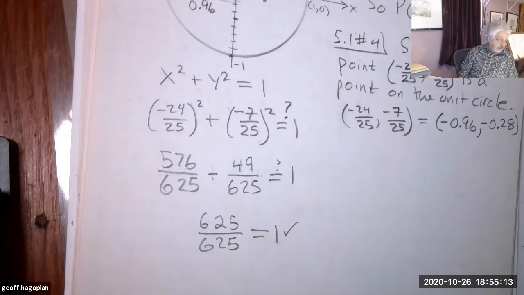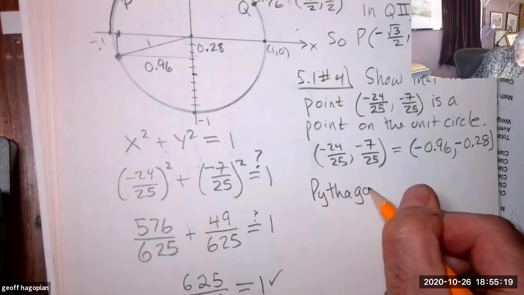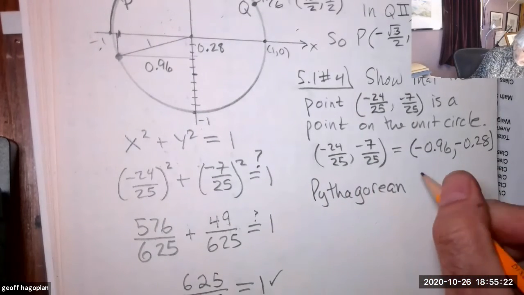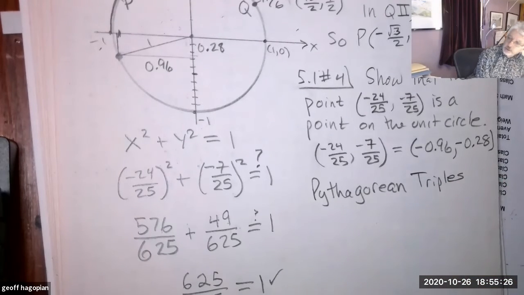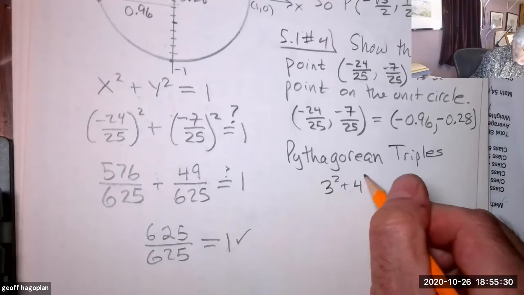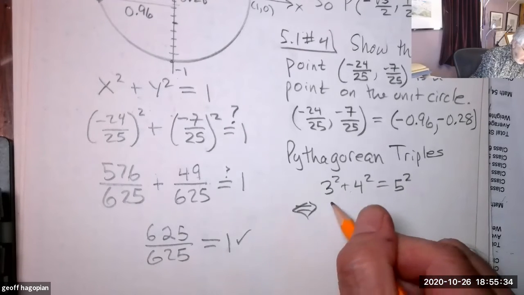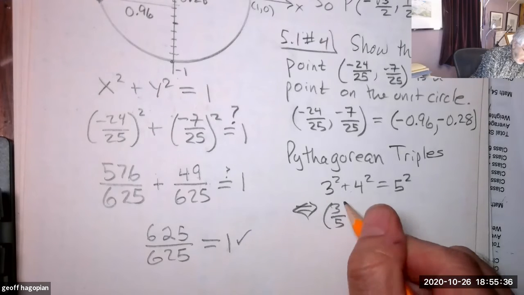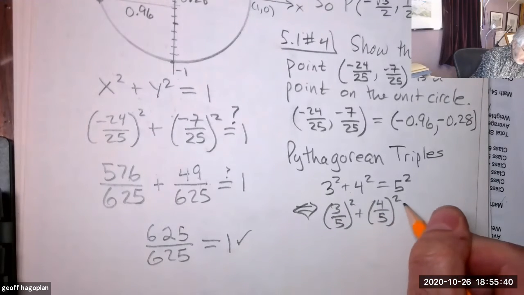And that points out Pythagorean triples. So you may get familiar with these. It's always a good idea to know a few Pythagorean triples, especially the simple little ones. So they include 3 squared plus 4 squared equals 5 squared. So that's equivalent to saying 3/5 squared plus 4/5 squared is 1.